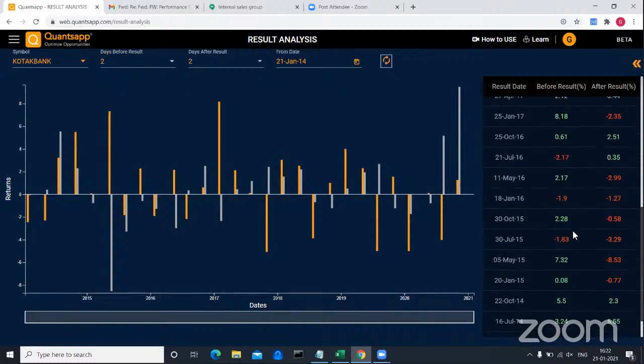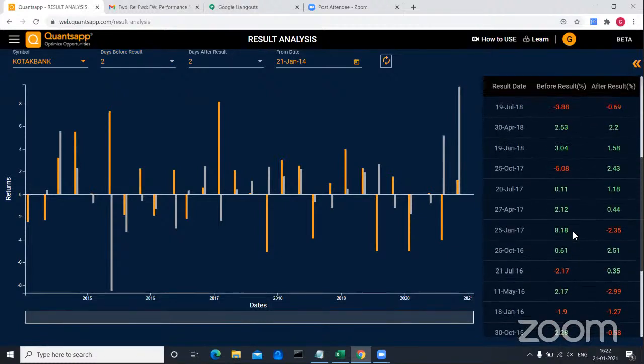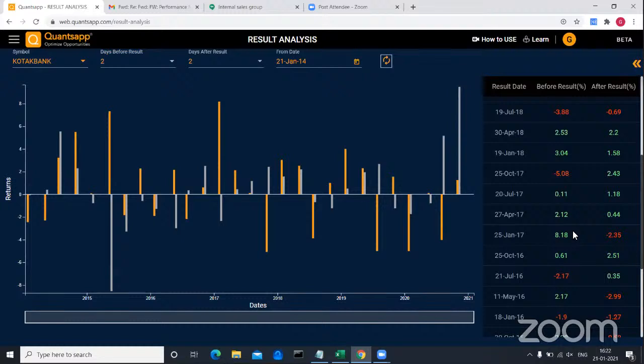In the same way, you can also look based on the previous performance of that particular stock.